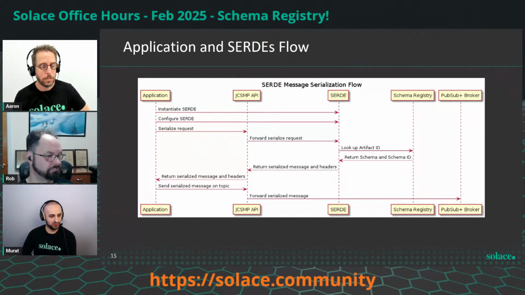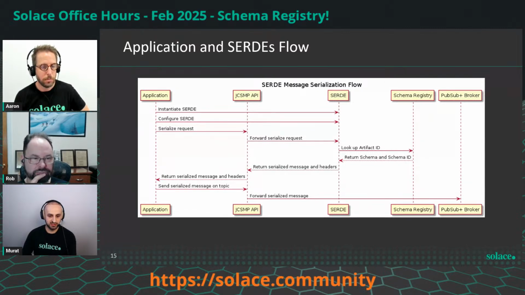which leads us to a future point, which is that you could, in theory, use the SERDES with the Schema Registry, even without the API. So if you really felt so inclined, you could have an application that doesn't want to use the API for whatever reason.